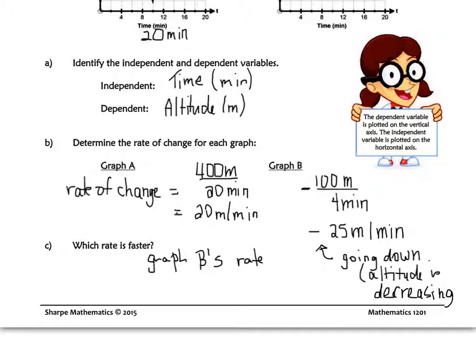Graph B's rate: he's descending at a rate of 25 meters per minute.